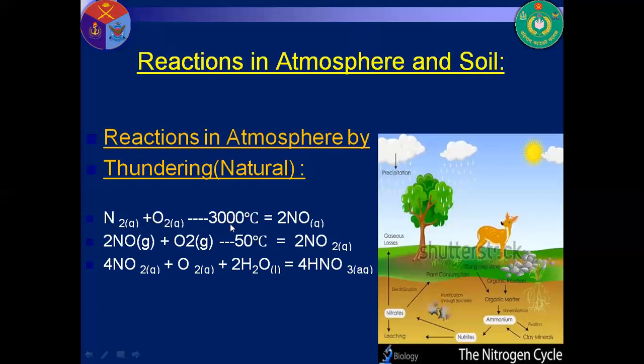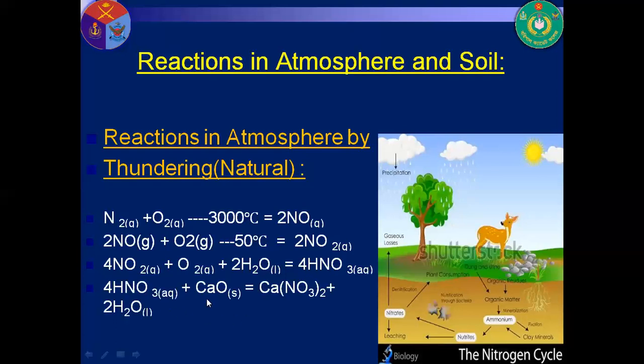nitrogen monoxide. Then nitrogen monoxide reacts with oxygen in the environment at 50 centigrade temperature to form nitrogen dioxide. This nitrogen dioxide again reacts with oxygen and water to form nitric acid. Sometimes it creates acid rain.